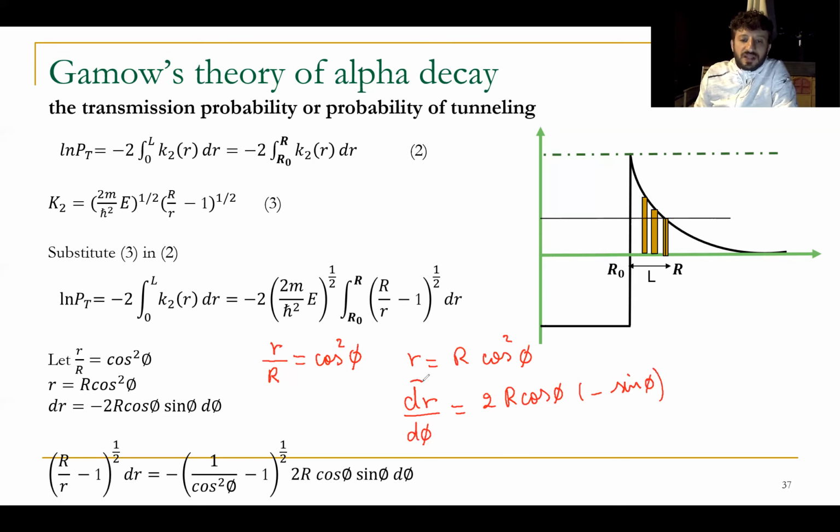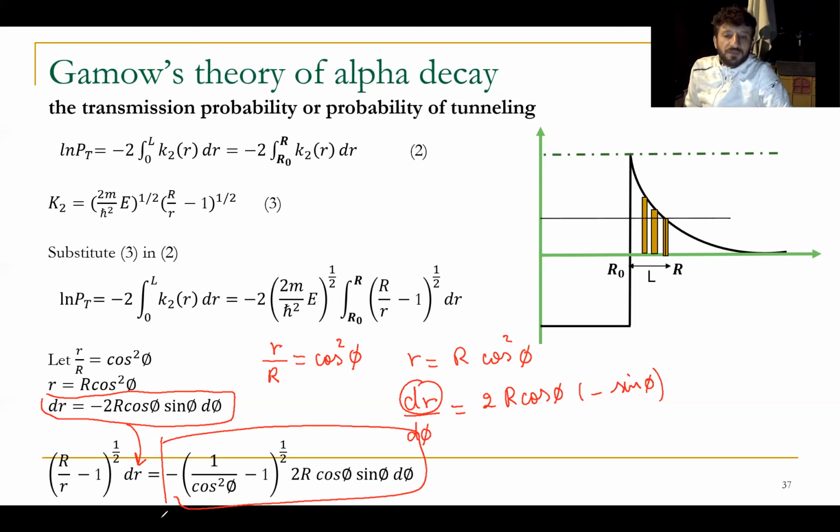So we can calculate dr, which is equal to minus 2R cosine phi sine phi. Okay, this is the value of dr. We can put its value here to get finally this term.